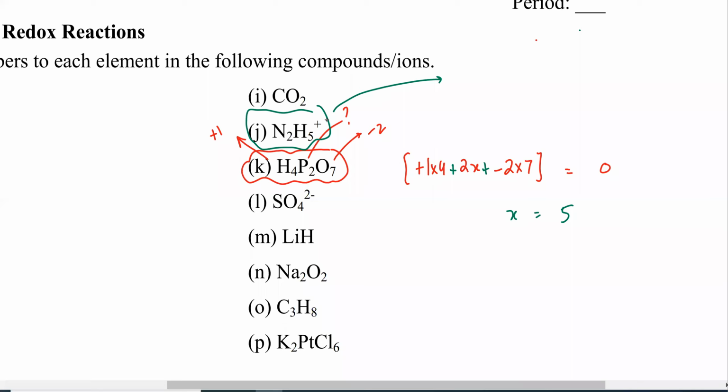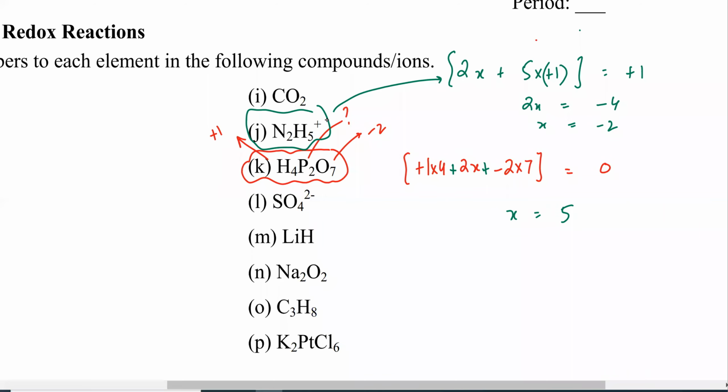N is unknown, so that's X, and there are 2 nitrogens, so that's 2X. And there are 5 hydrogens, so that's 5 times +1. You add up all the charges, and they should be equal to +1. So 2x would become equal to -4, and x would come out to be equal to -2.